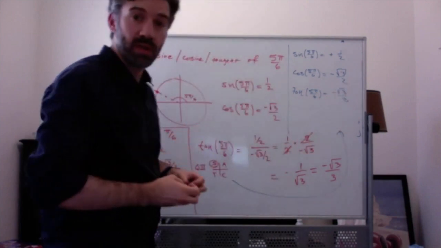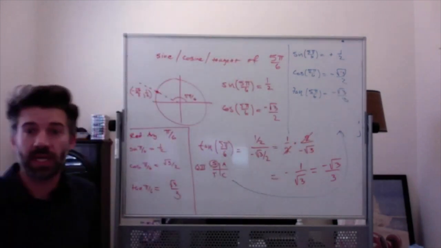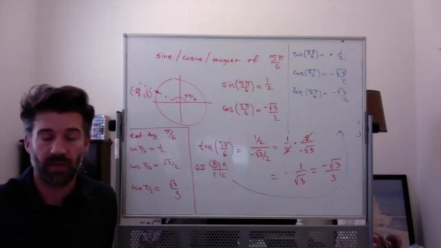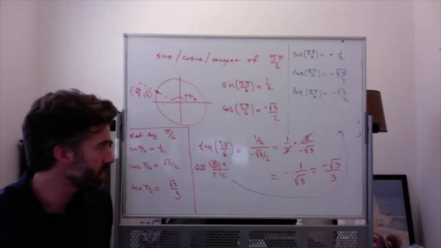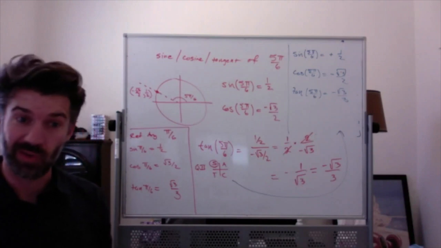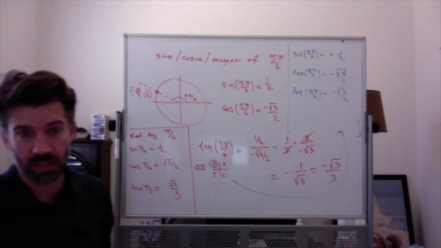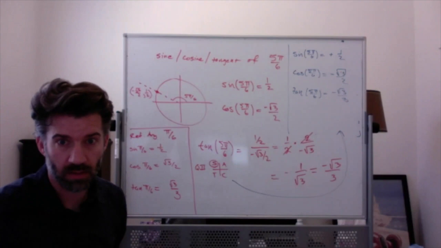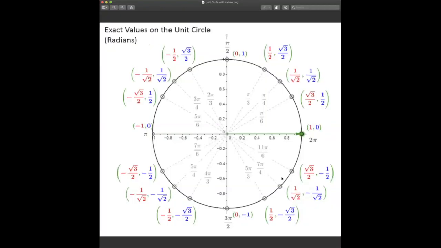So I personally still like to use the reference angle method when I find the trig functions of the various angles in other quadrants, but you don't have to do it that way, right? If you want to just memorize this unit circle, that is perfectly fine.